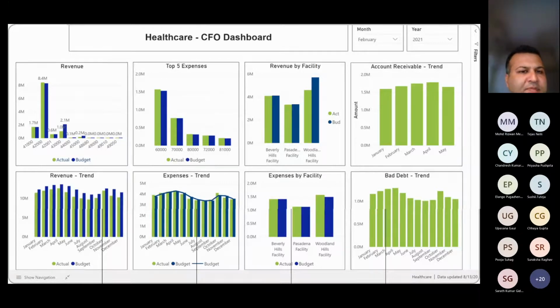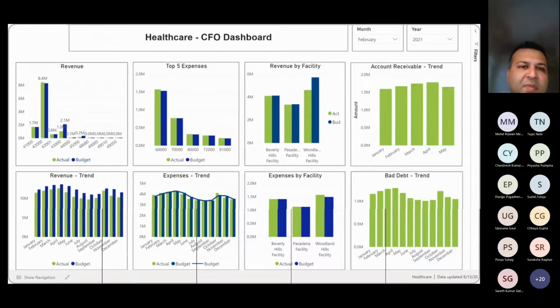Similarly, on the expense side, the very first bar says that my actual expense on a specific category is more than budgeted. It doesn't matter if it is a very minor increase from the budget, it's a matter of concern because it's beyond the budget, and budgets usually have the buffer that CXOs keep to run the company.